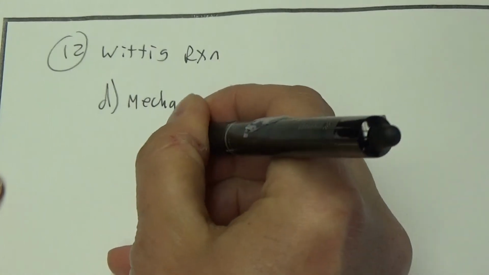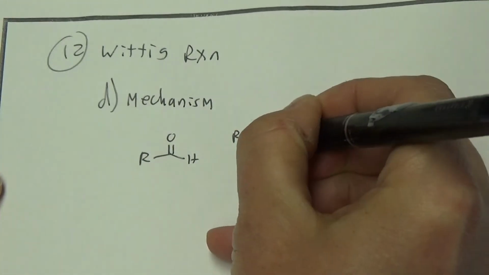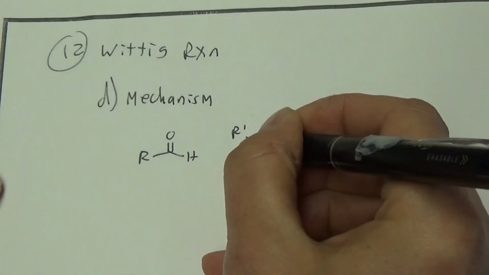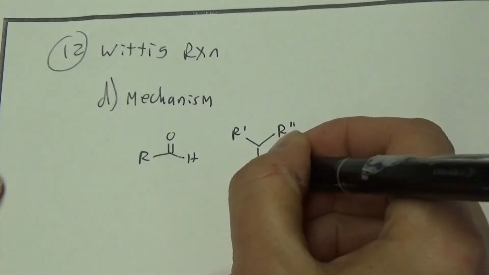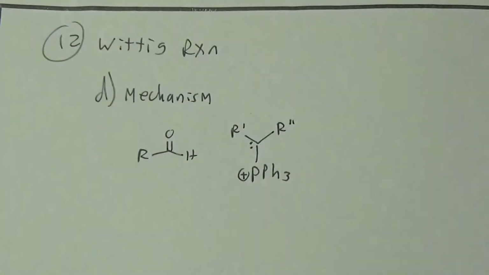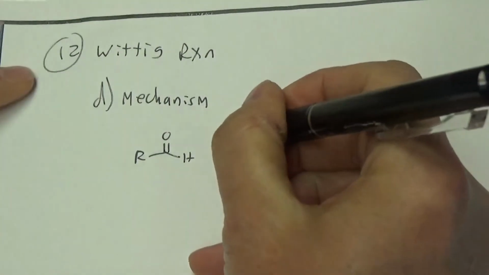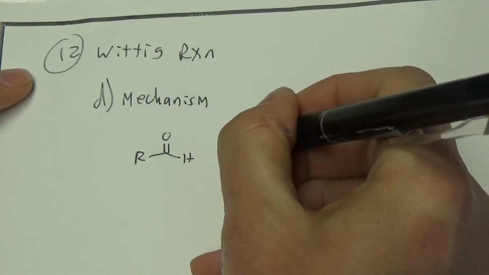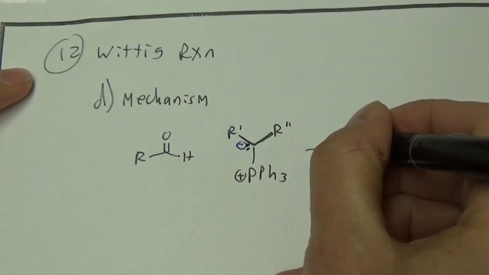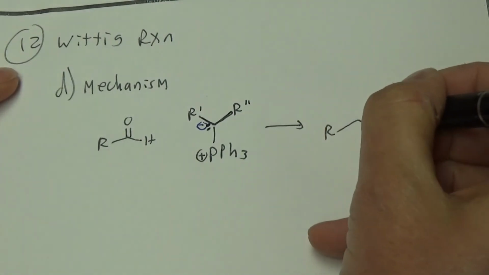We'll just draw an aldehyde, and I'm going to draw my little Wittig reagent, R''', PPh3 positive. We show it in this resonance form, right? We have the negative charge. We'll draw the product first, so the product is just the alkene.